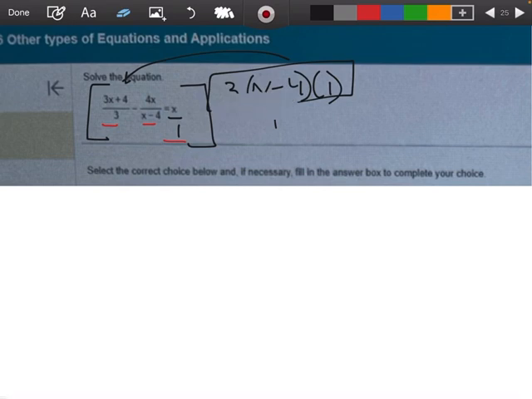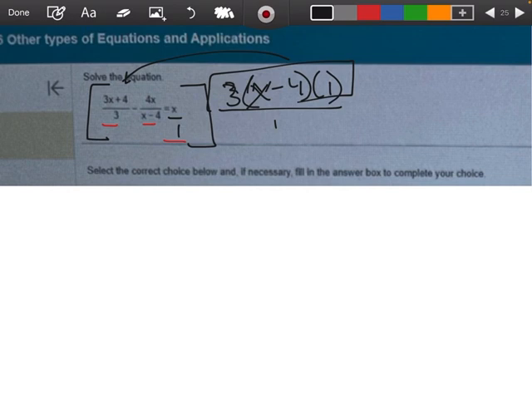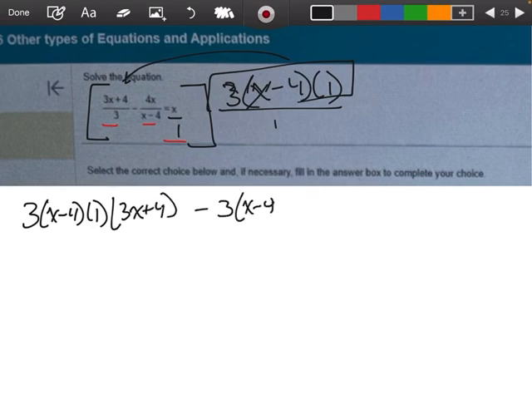So again, I'm gonna take 3, x minus 4, and 1, and right next to it we had a 3x plus 4. Minus, we're gonna do that again, 3, x minus 4, a 1, and next to that we had a 4x.